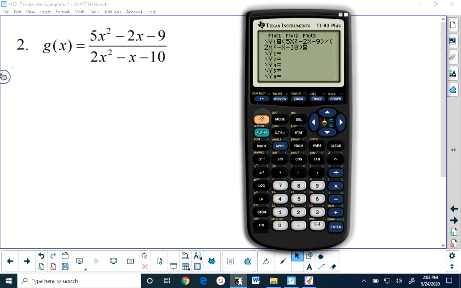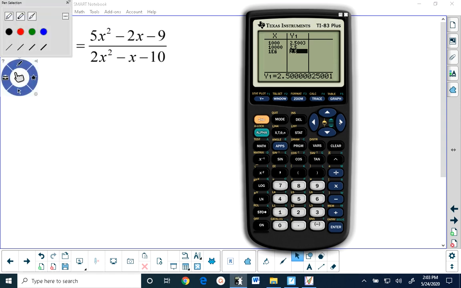If I go to my table and take a look at x equals 1,000, you can see y equals 2.5003. When x is 10,000, y is 2.500025 something. When x is 1,000,000, y is 2.500000250001. It appears as though as x gets very large, y approaches 2.5.